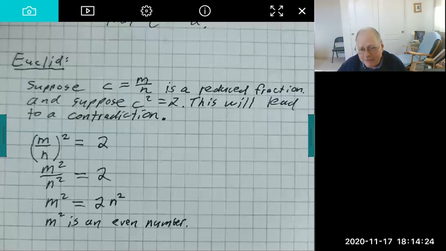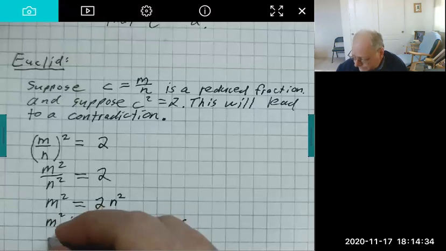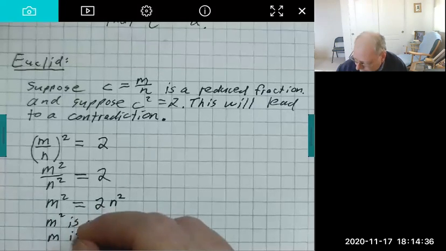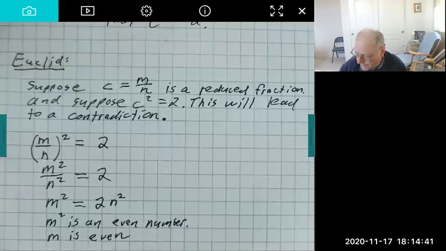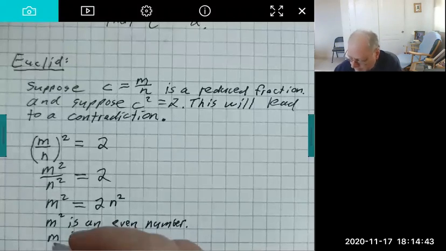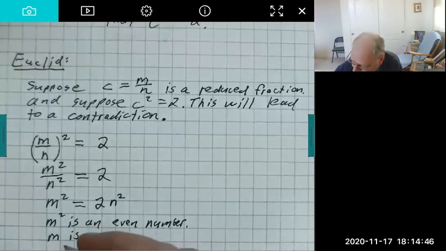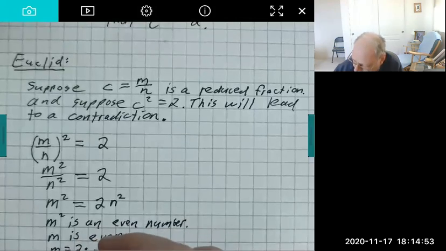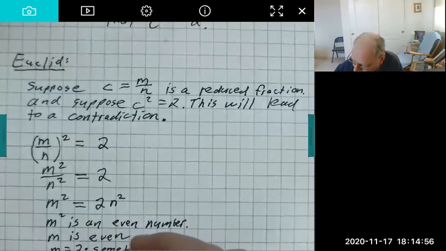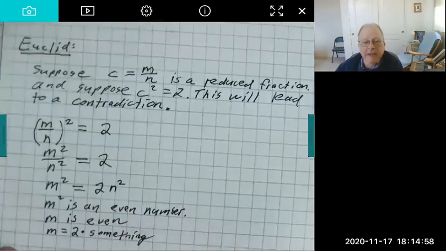So if m squared is an even number, then m itself is even. Okay. So if m is even, m is 2 times something. That's what even means.